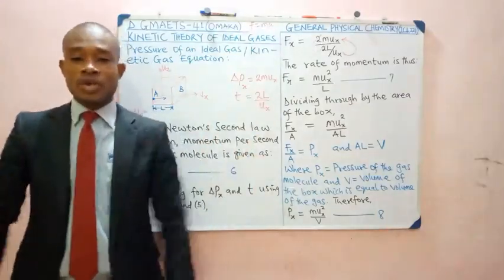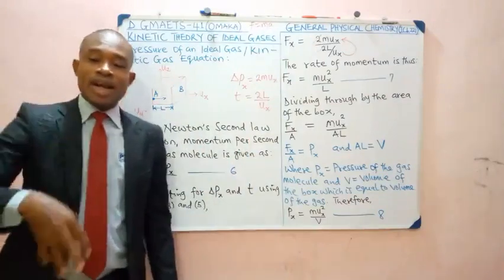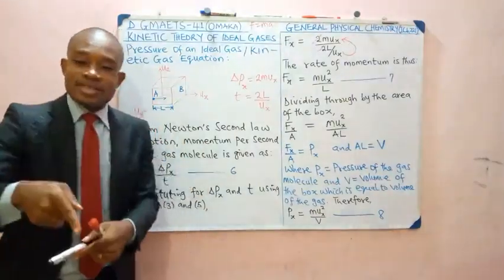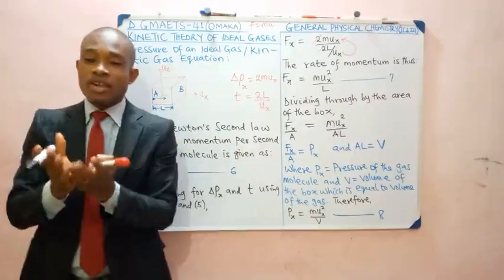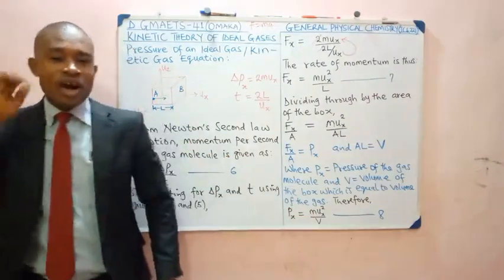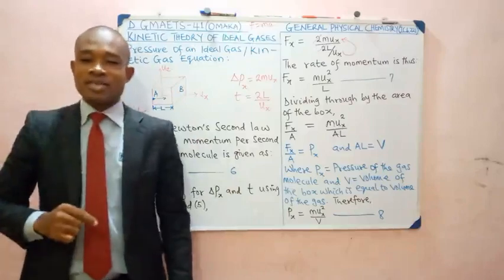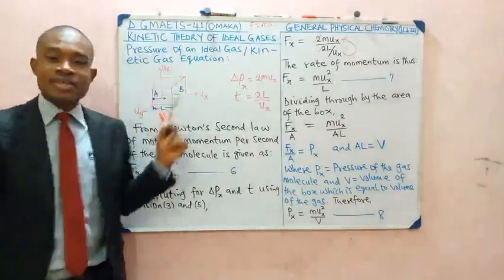Now you add up all the pressures. Once again, we'll go for a short break. When we come back, we'll see how we can translate the velocity in just this one direction to total velocity, which will eventually give us the total pressure of this gas. That is the total pressure of the total molecules of the gas in this container.